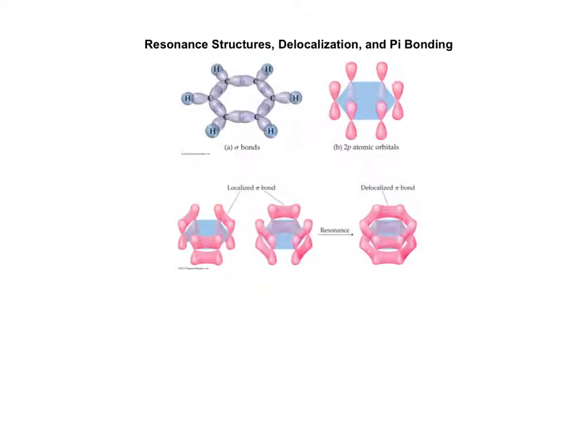And remember, since this guy has resonance, this guy could double bond to this guy, or that same carbon could double bond to this guy over here. So when we look at the whole thing in the resonance, their whole molecule basically looks like this. Now we say these bonds are delocalized because they have options. So basically, if a structure has two or more resonance structures, we could say that those bonds are delocalized.